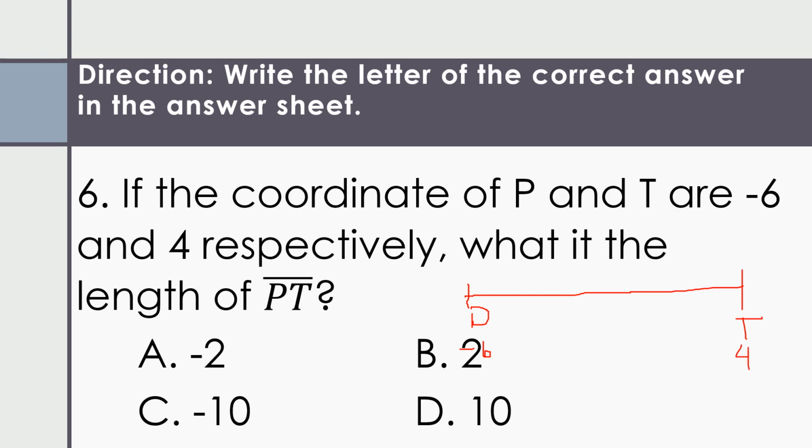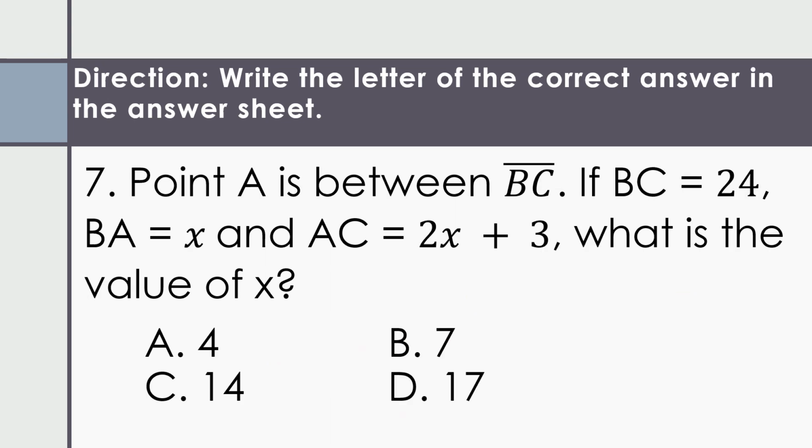So if you are going to get the distance, that is the absolute value of -6 minus 4, which equals the absolute value of -10. And there is no negative in a distance, so the answer is D.